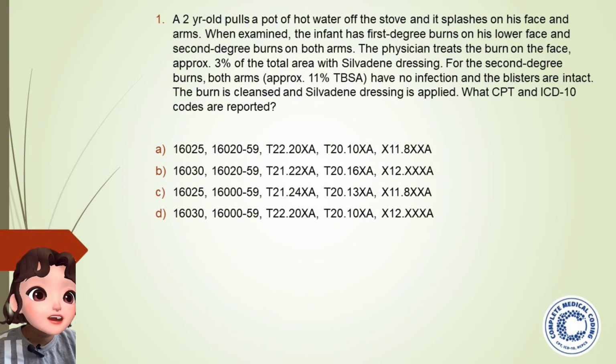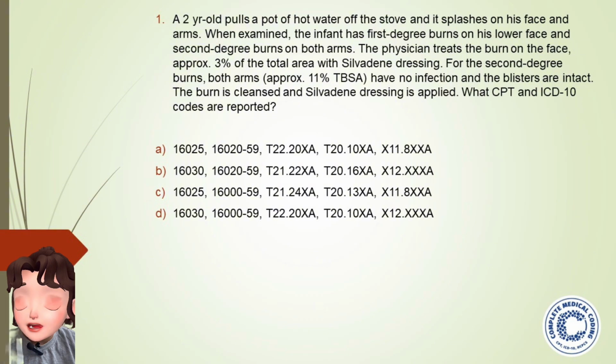If the 7th place is A, it means initial encounter. The remaining empty characters you have to mark as X, which represents the placeholder. That's how this ICD code came: T22.20XA. If you open the ICD book, you will get it as T22.20 only.